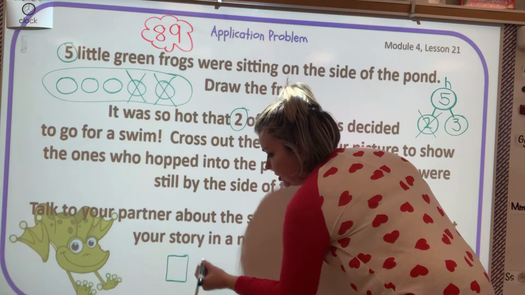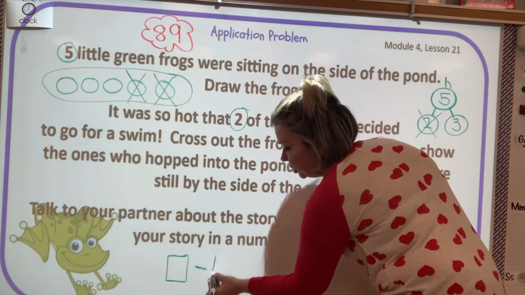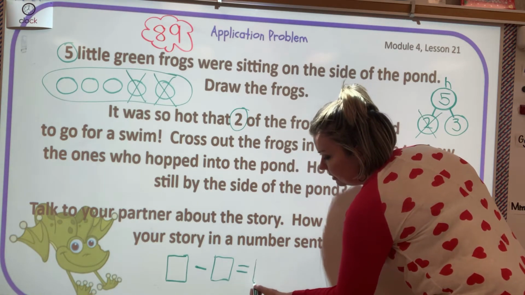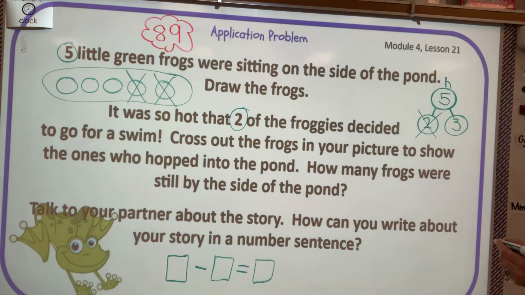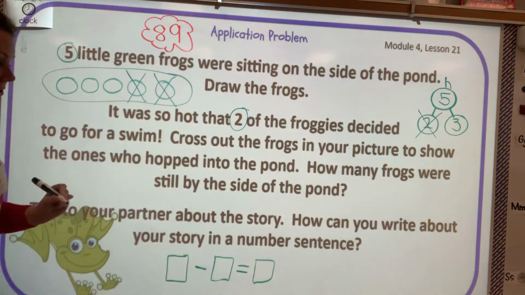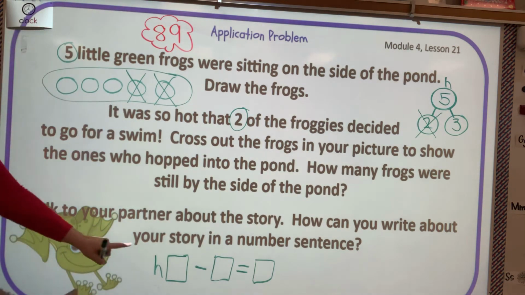We've got our mystery boxes, our minus, takeaway, or subtraction sign, our equals, and our answer. Okay, the first box, that's where your whole goes.